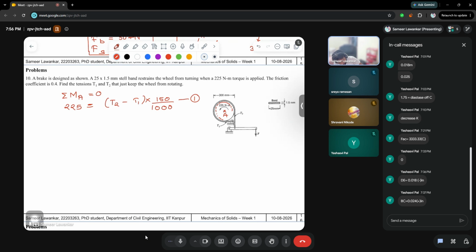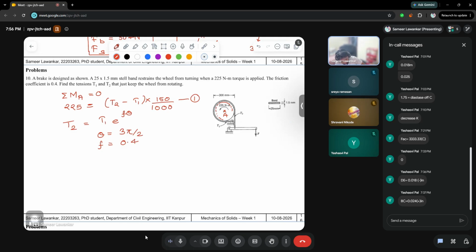Therefore, the second equation can be simply T2 is equal to T1 into e to the power f theta, where f is the friction coefficient, and theta is the difference between the orientation of T2 and T1. So here what is theta? Theta in radians is 3 pi by 2. Understand this very carefully. It's not minus 90 or 90. It's 3 pi by 2, and the friction coefficient is 0.4.